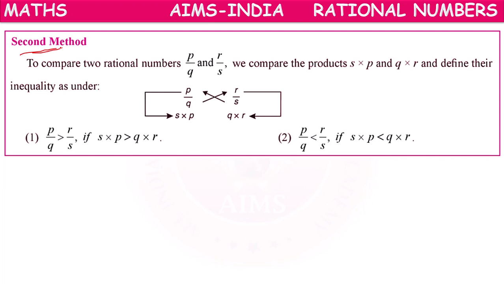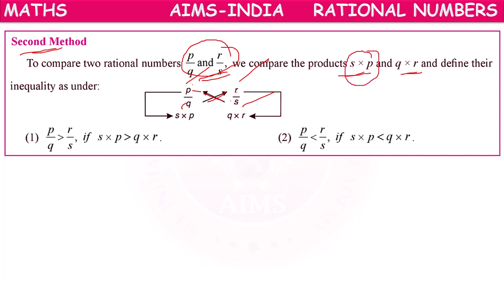Next, second method. To compare two rational numbers, we have one more method: cross multiplication. Multiply the first numerator with the second denominator, and the second numerator with the first denominator, and compare the products.